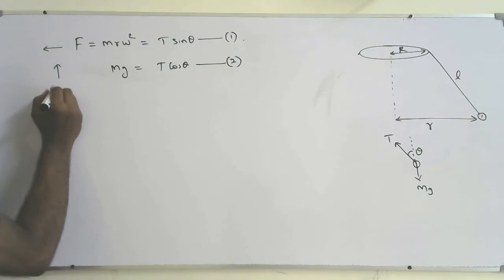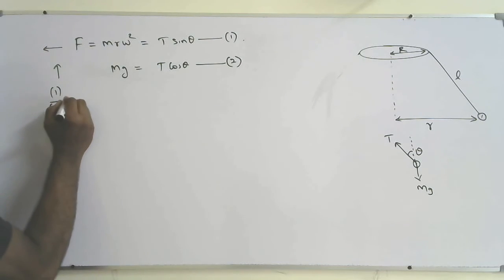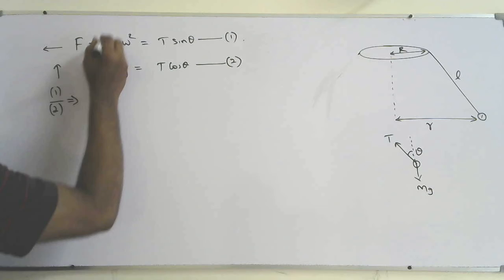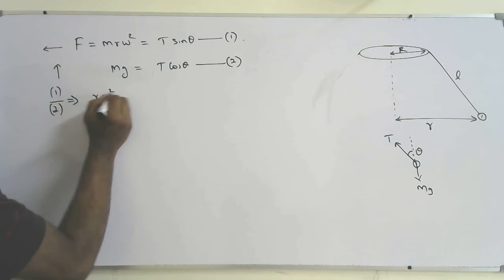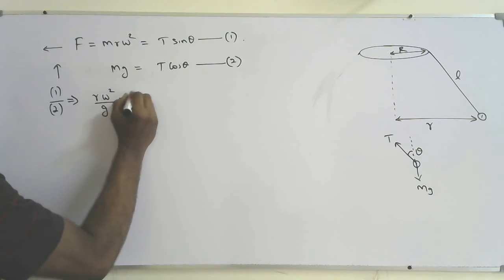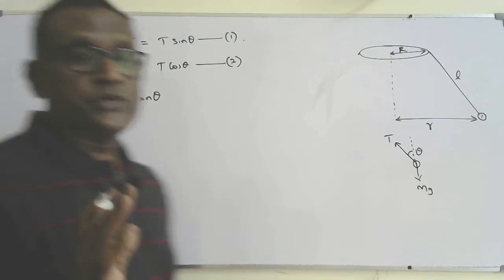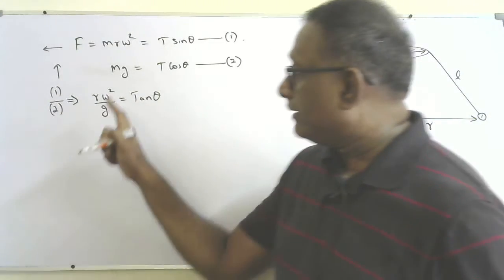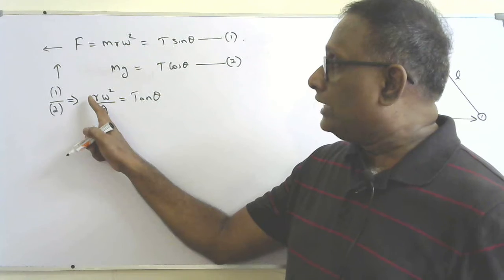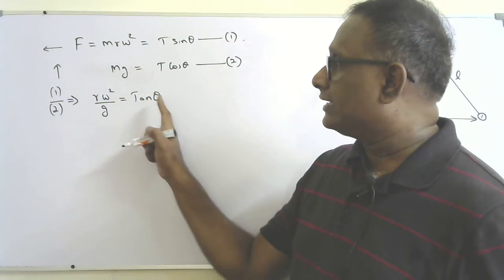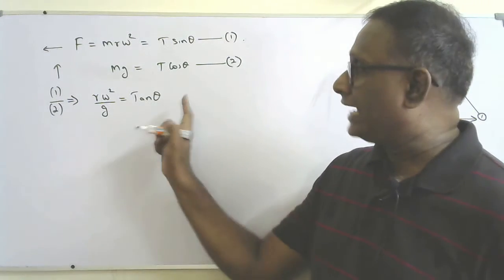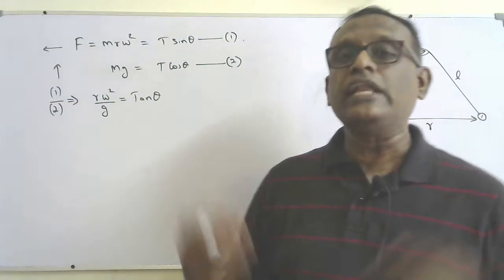Divide equation 1 by equation 2, you will get it. m and m will get cancelled. R omega squared over g equal to tan theta. So this equation clearly shows, because the question says the angular speed remains the same, only R is increasing. When R increases, tan theta will increase. When tan theta increases, theta will increase.